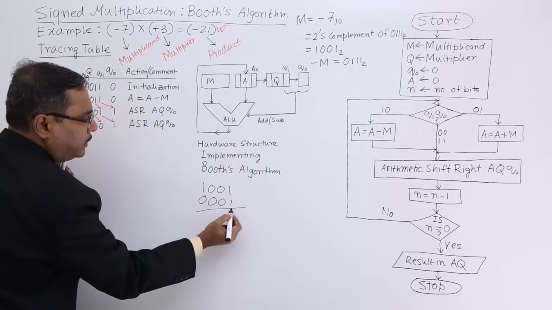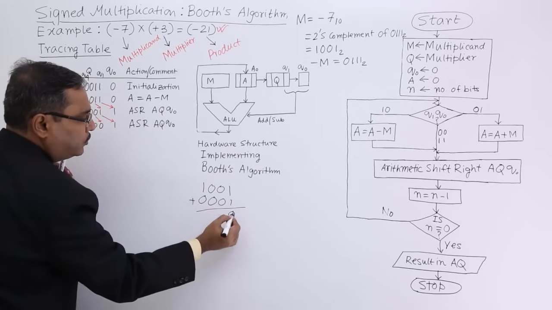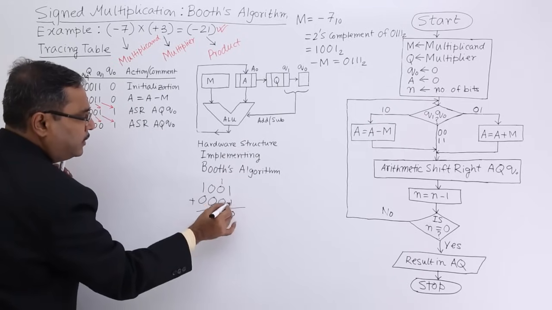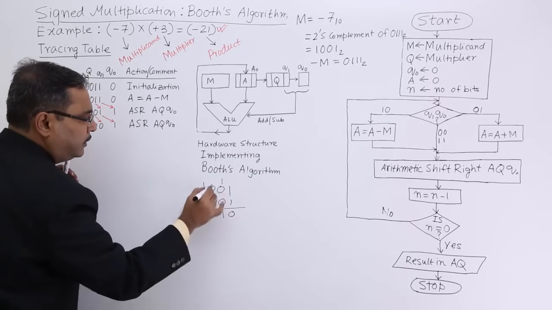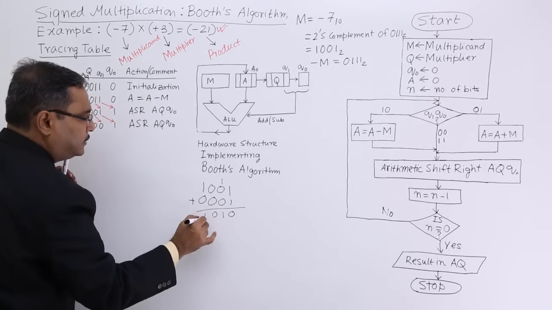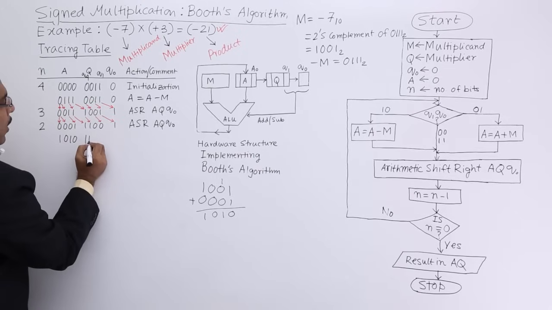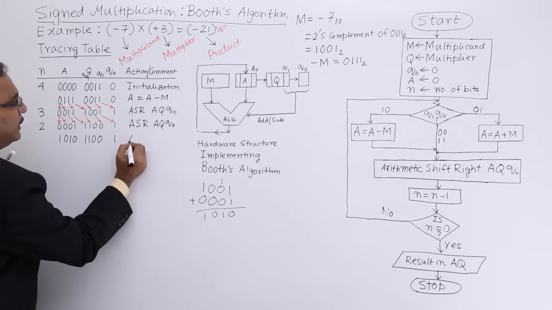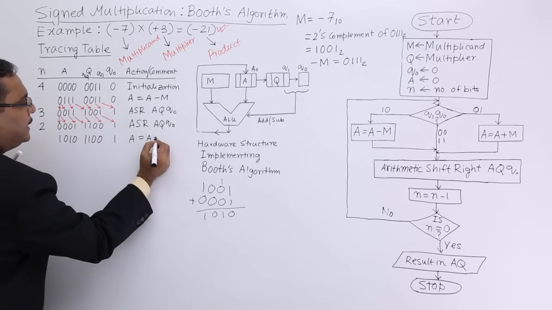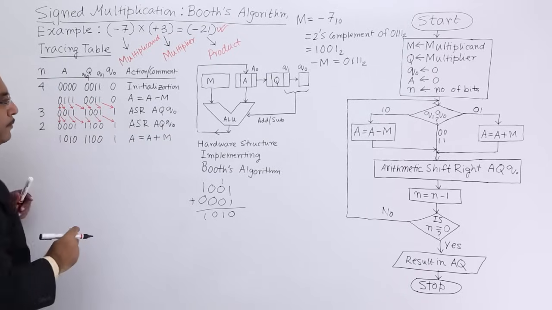If I go on adding, we have 1 plus 1 means 2, 2 means 1 0. So that is 1, that is 0 and that is 1. So I am writing this one, 1 0 1 0, 1 1 0 0 will survive. And what operation did I do? A is equal to A plus M. Why?